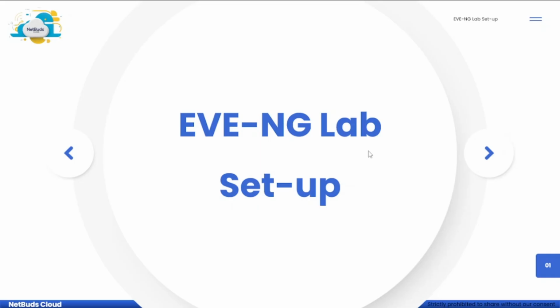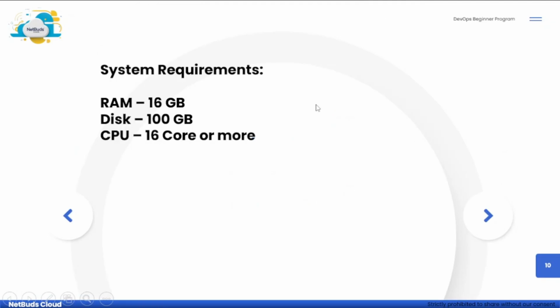Before we start, let's quickly talk about what you need. So basically, we will understand the system requirements here. You can see on my screen, we need 16 GB of RAM, the disk will be 100 GB, and the CPU will be a minimum of 16 cores or more.